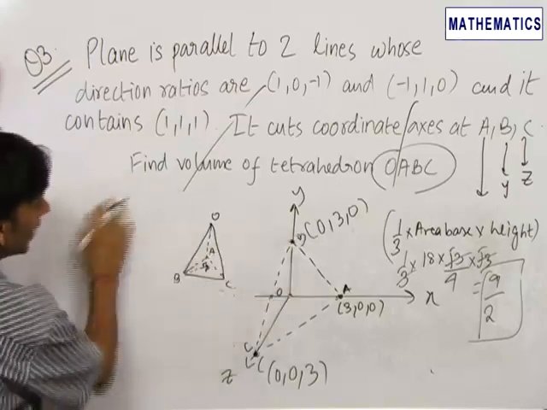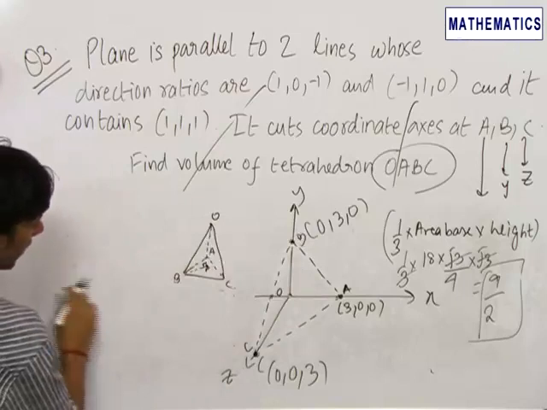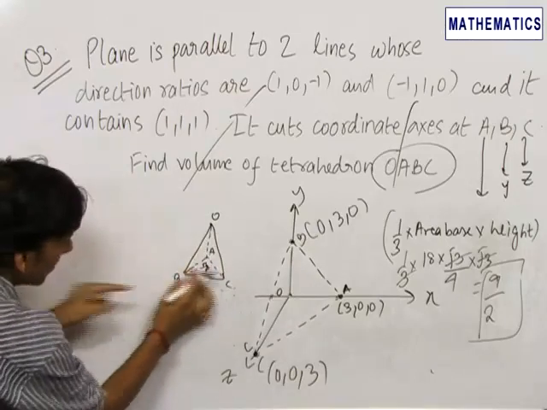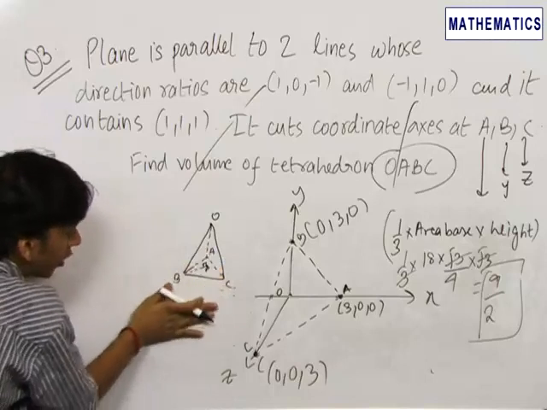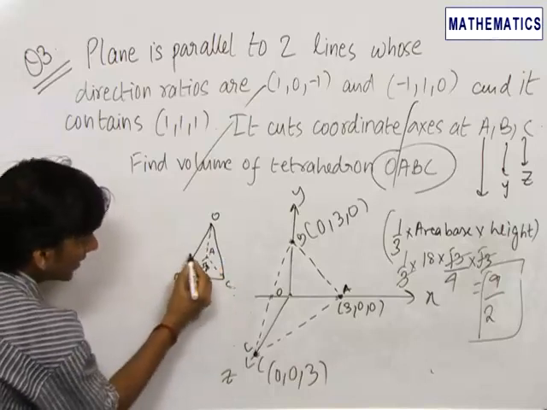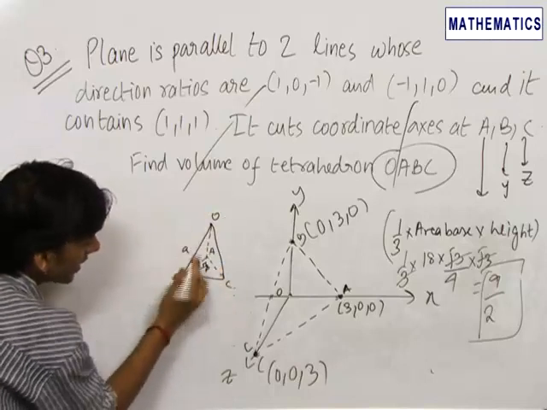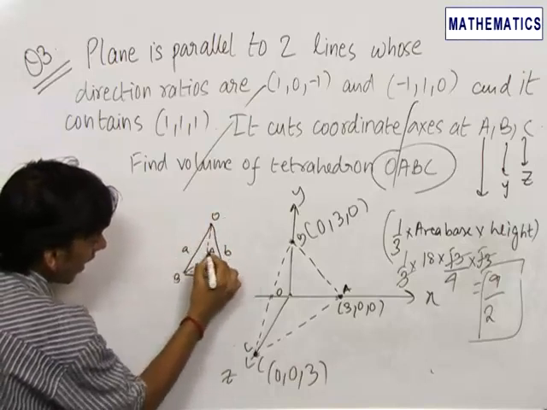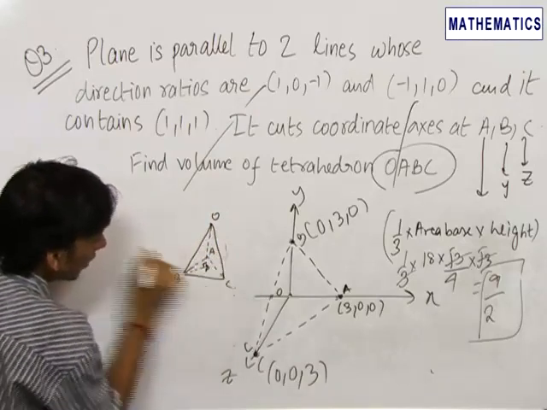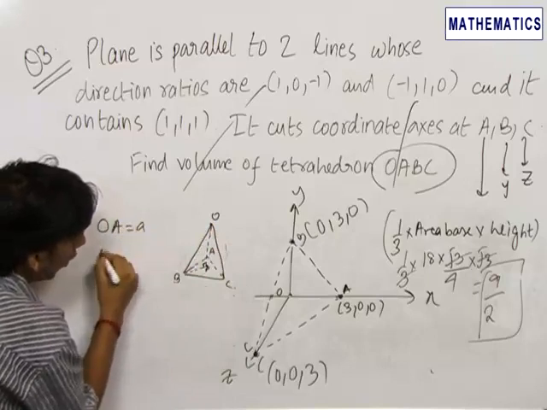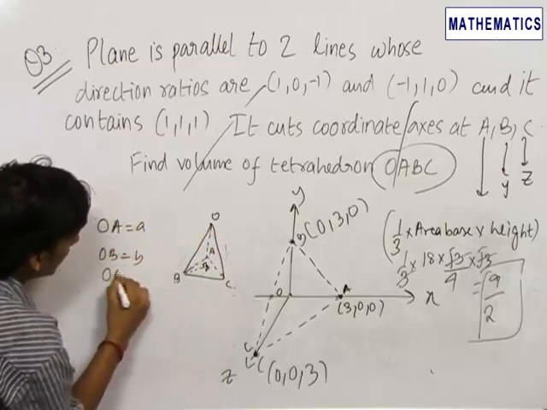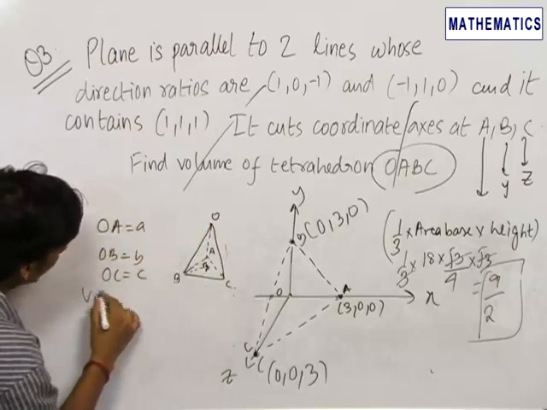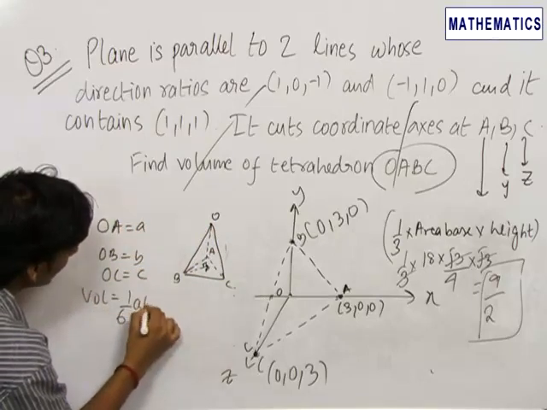Now there is another way to find the volume of a tetrahedron. This is a tetrahedron, it need not be regular, and if OA is equal to A, OB is equal to B, and OC is equal to C, then the volume can be written as 1 by 6 times ABC.